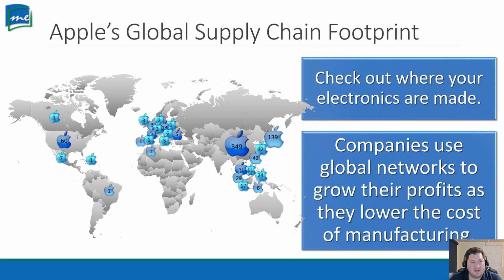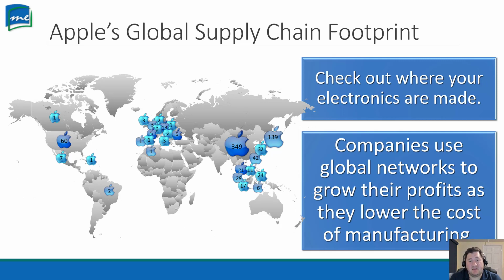So using Apple as an example, they make a lot of electronics, right? And chances are you might have used one of their products, iPhone, the iMac, any of the other ones, right? So when we're looking at that, where did that come from? Well, chances are it came from China, which has 6 manufacturing plants for Apple, or it might have come from Brazil.